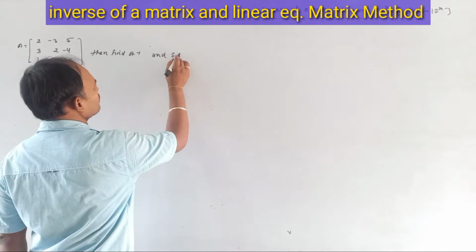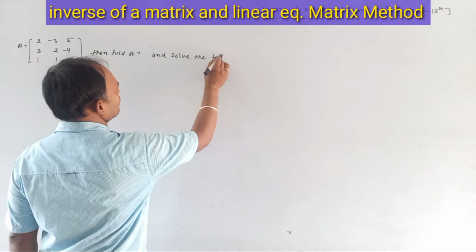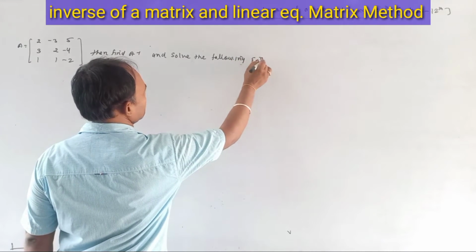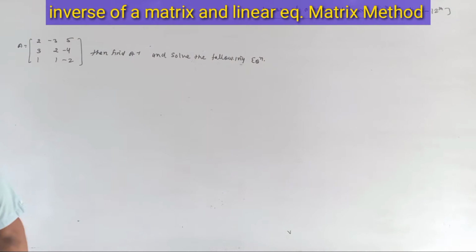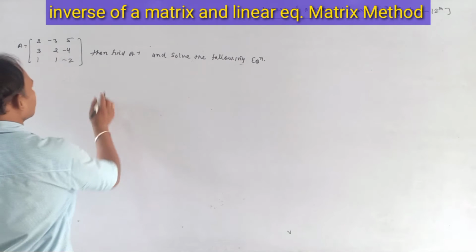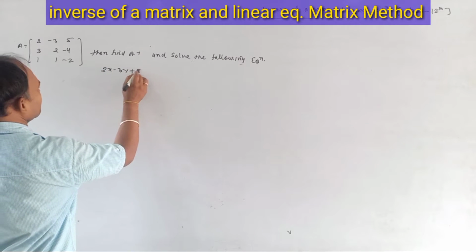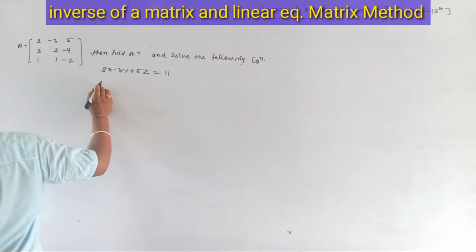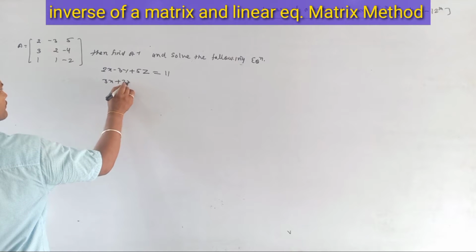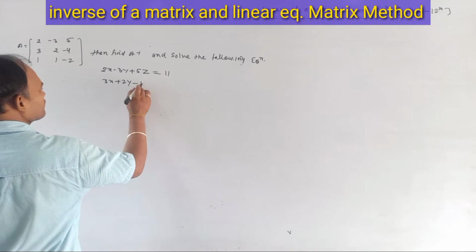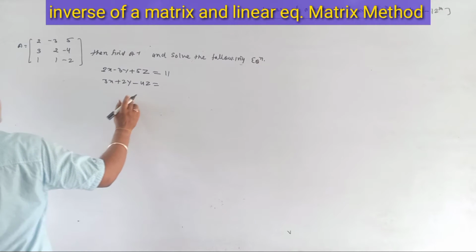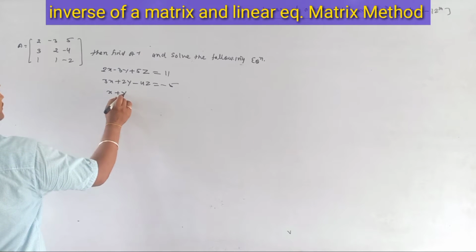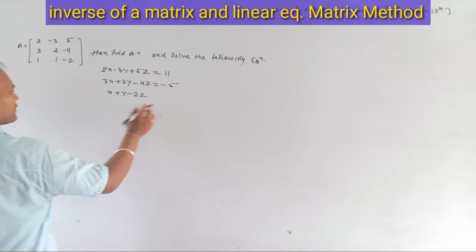The equations are 2x minus 3y plus 5z equal 11, 3x plus 2y minus 4z equal minus 5, and x plus y minus 2z equal minus 3.